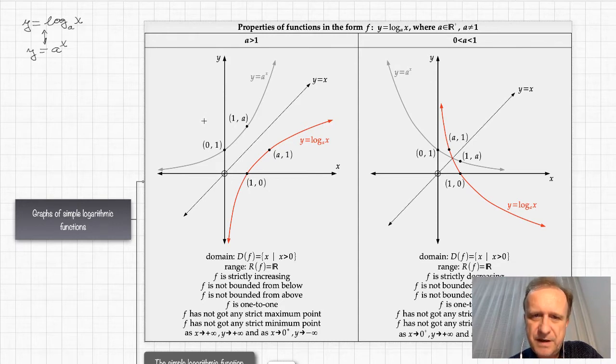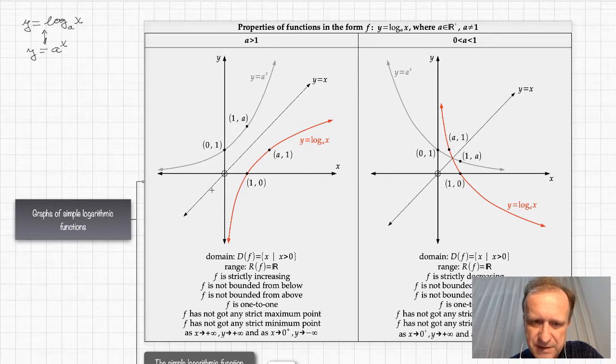The fact that they are inverse is depicted in the picture, because you can see that the logarithmic function, which is here, logarithm in base a of x, is the image of the exponential function reflected in this line.